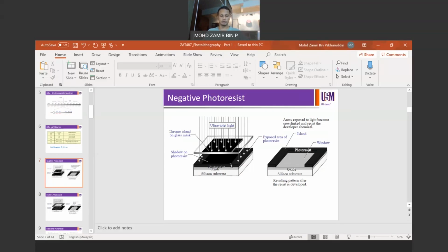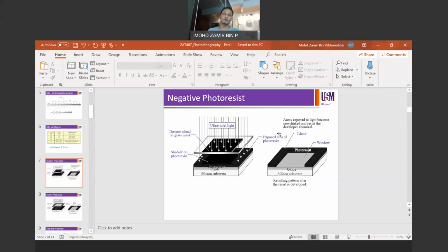If you use negative photoresist, the area that you exposed, in this case the outer edge here, will be hardened. So the photoresist will be hardened, and in the area that you don't expose in the central region here, nothing has happened, right? So you're going to be left with hardened photoresist on the edge and a softer version of photoresist in the central region.